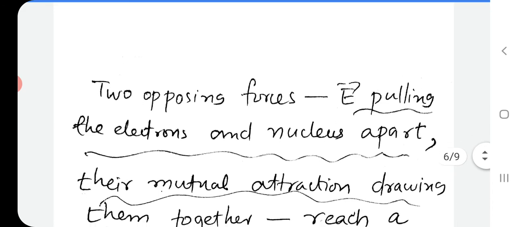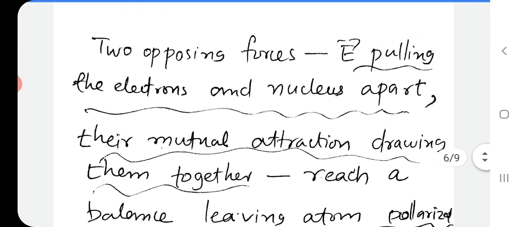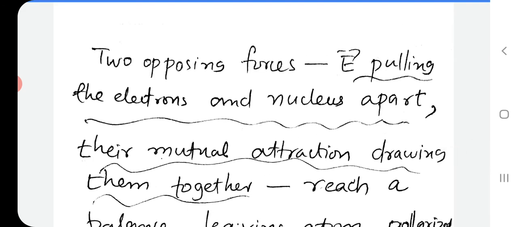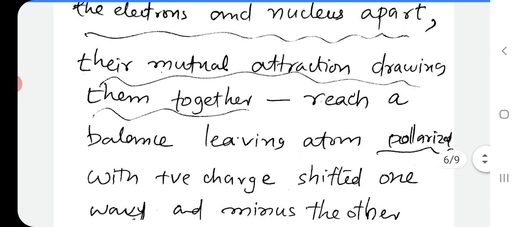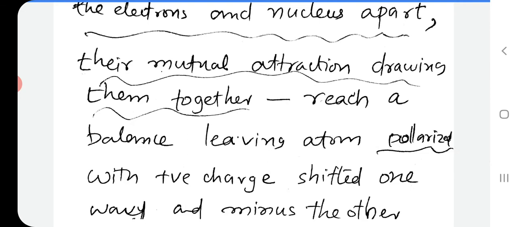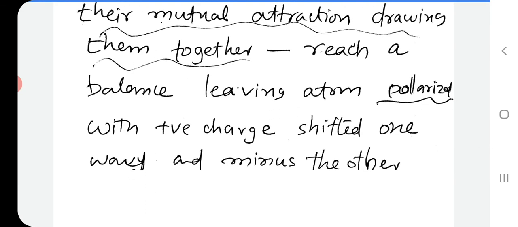So two opposing forces are there. The external electric field pulling the electrons and nucleus apart, that is one force. The second one, the mutual attraction between the electron cloud and the nucleus, drawing them together. So they reach a balance, leaving the atom polarized. Important point.